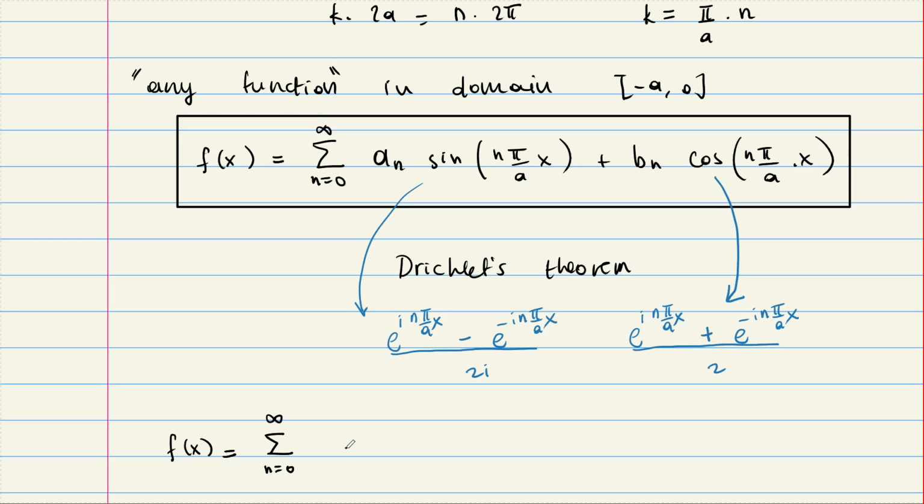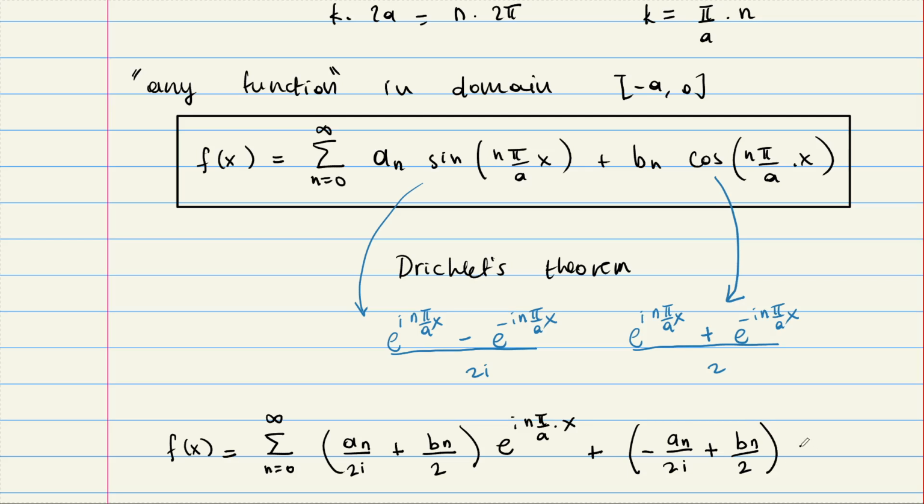This is a_n divided by 2i plus b_n divided by 2, times e to the i n pi over a times x, plus the second ones: minus a_n divided by 2i plus b_n divided by 2, times e to the minus i n pi over a x.